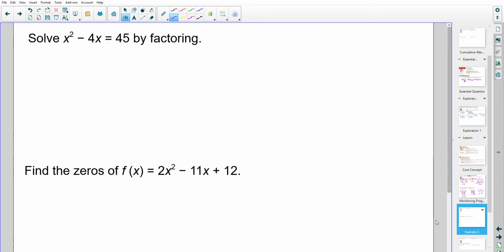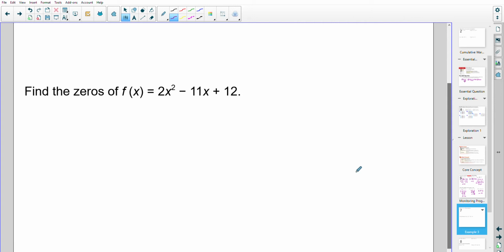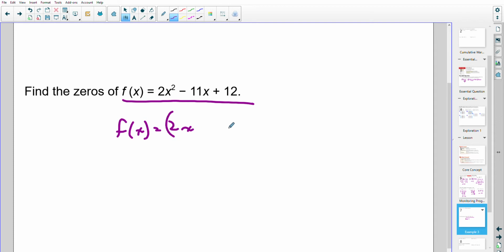Now, when it says find the zeros, such as in this problem, f of x equals this, what that basically means is just factor it and find out where it equals 0. So again, factoring 2x and x, this has to be negative and negative. Now I'm thinking about how do I split this up so that I get 12, and it looks like it's going to be 4 and 3, negative 3x minus 8x is a negative 11x.